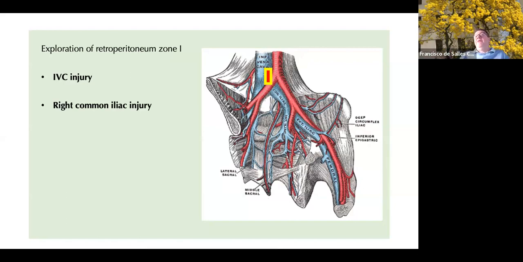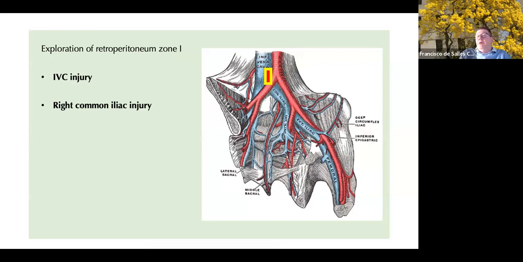If it's different, if it was a gunshot wound, you can resect some parts of the iliac artery to repair and put a stent or a graft. I think it is not a problem. You can maybe do a primary repair of all the artery and the vein in this situation.